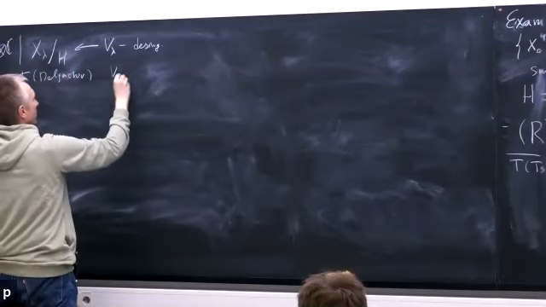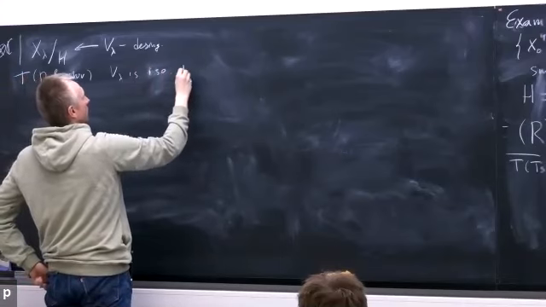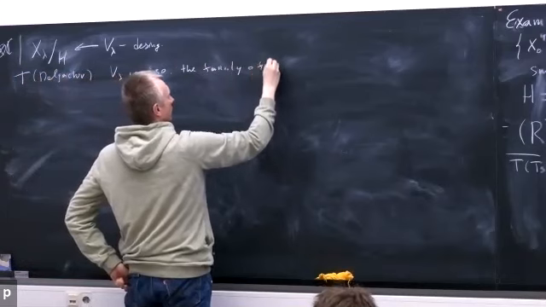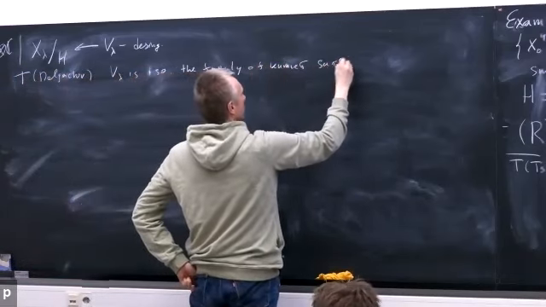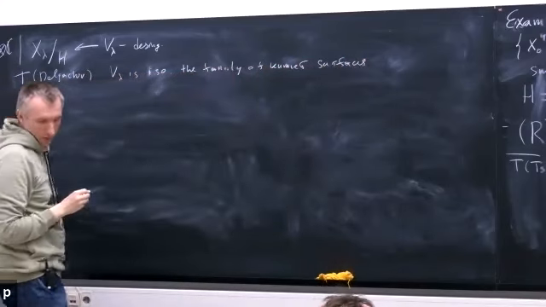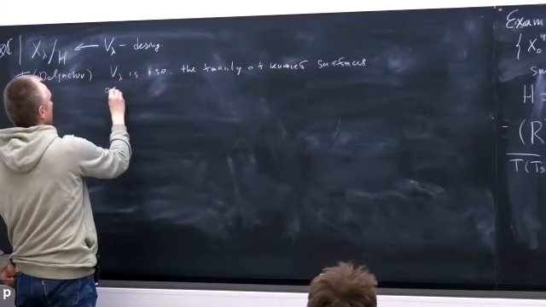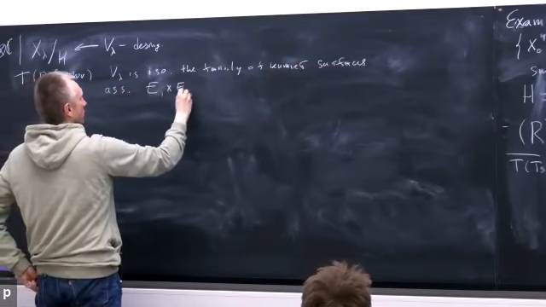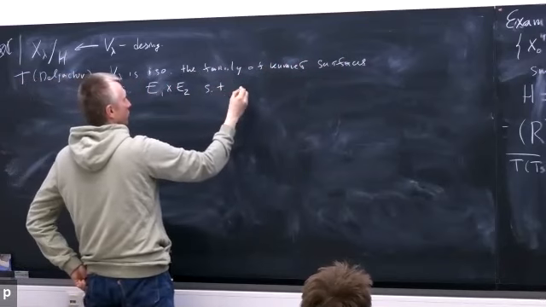So V lambda is isomorphic to the family of Kummer surfaces associated to the product of two elliptic curves such that there exists a two-isogeny.